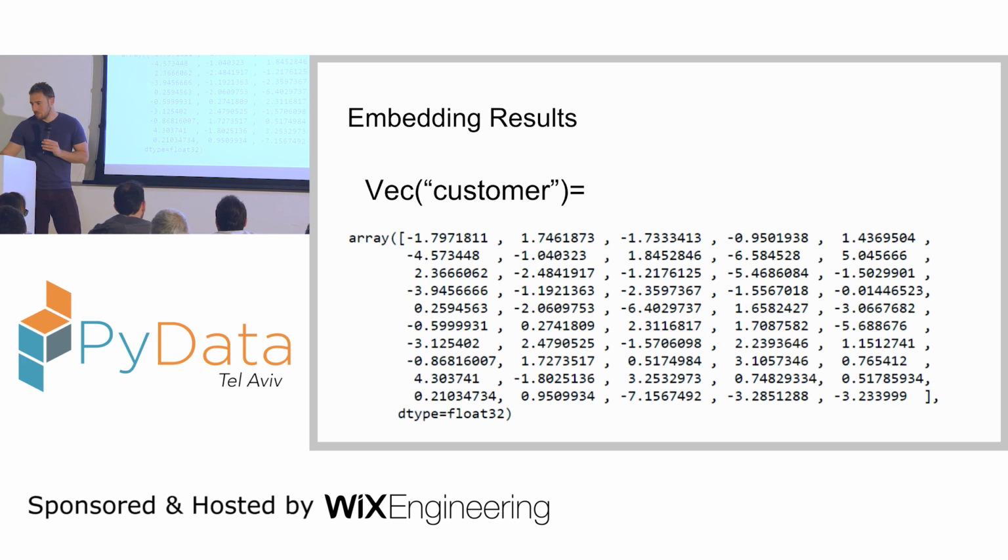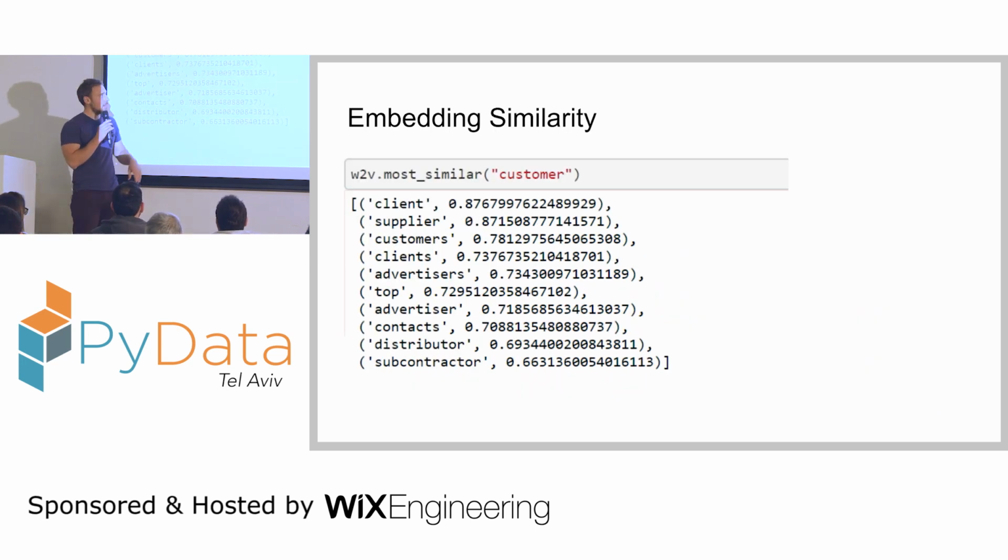But if I apply cosine similarity, I can find the vectors for the words that are appearing in similar context. For example, in legal contracts, I can replace customer with client, supplier, customers, etc., which is super cool. All of those vectors are pretty much the same.